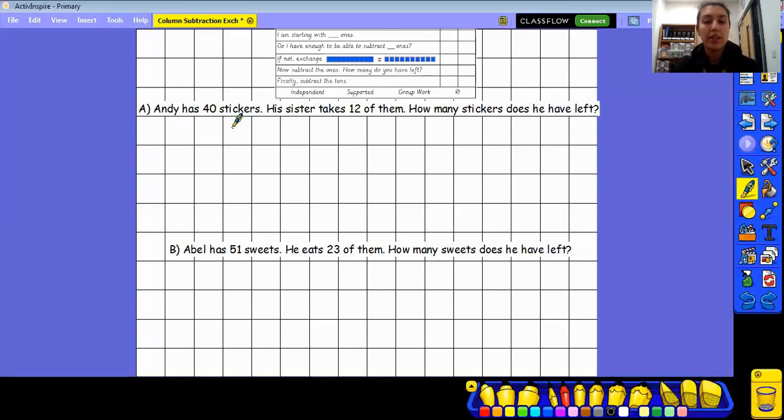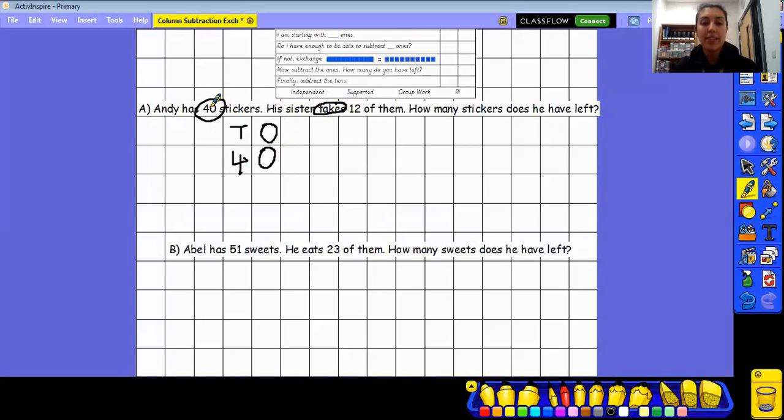So using the column method then, I need to start with a tens column and a ones column. I'm starting with 40 stickers. So remember, the number that you're starting with goes on the top. So 4 tens and 0 ones. And remember, his sister is taking those stickers.